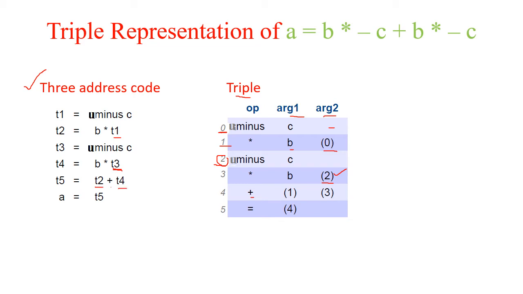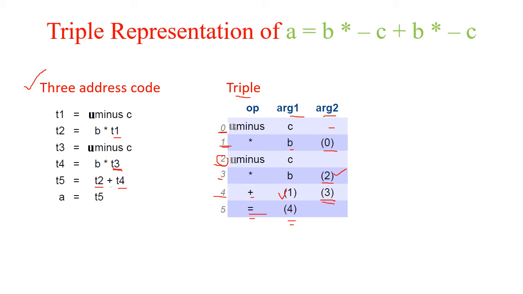T2 means B star T1, that is 1, and T4 is B star T3, that is 3. And the last one is the assignment operator.